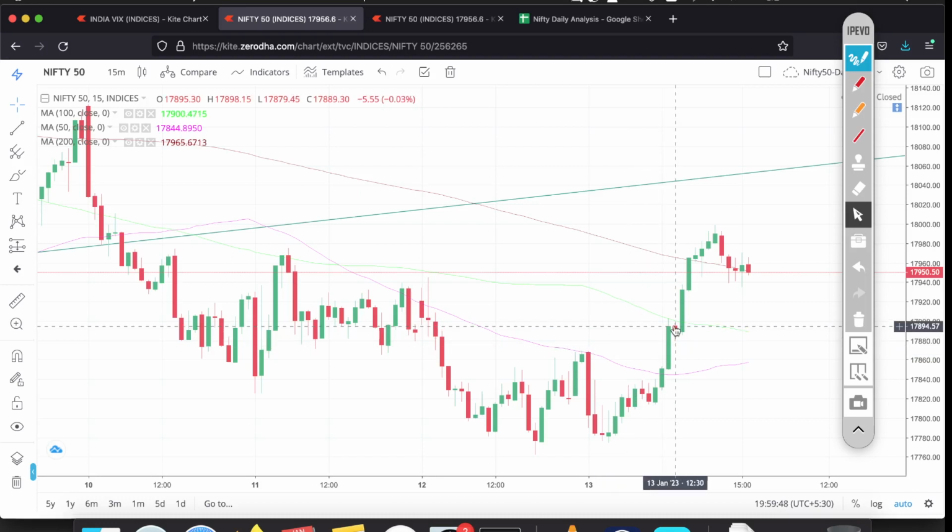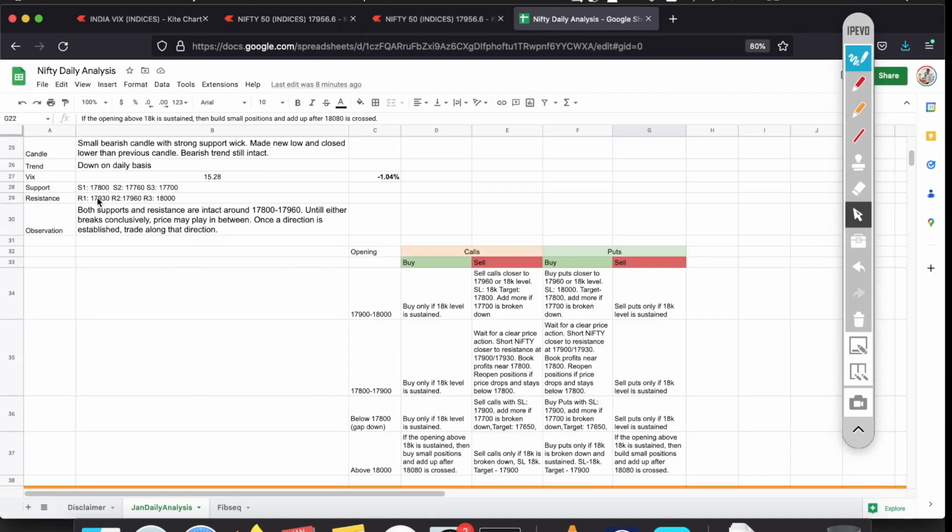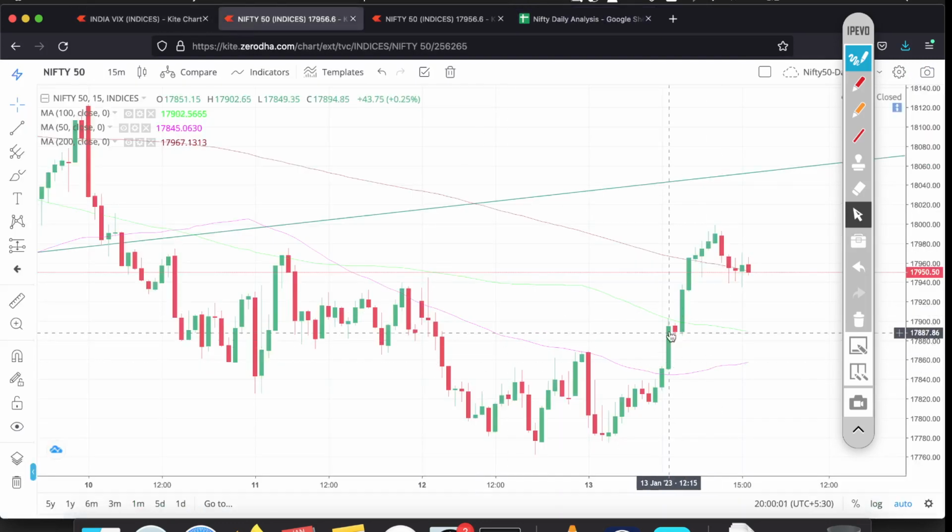It hit a bit of resistance at 17,900, which I had mentioned earlier. 17,930 would be a resistance point. It found a bit of resistance at 17,900, and then at 17,930 again there was little hesitation. And once 17,930 broke, it went all the way up to 18,000.